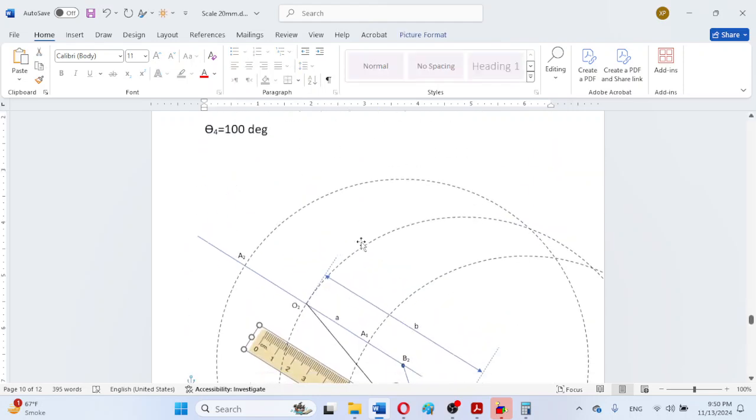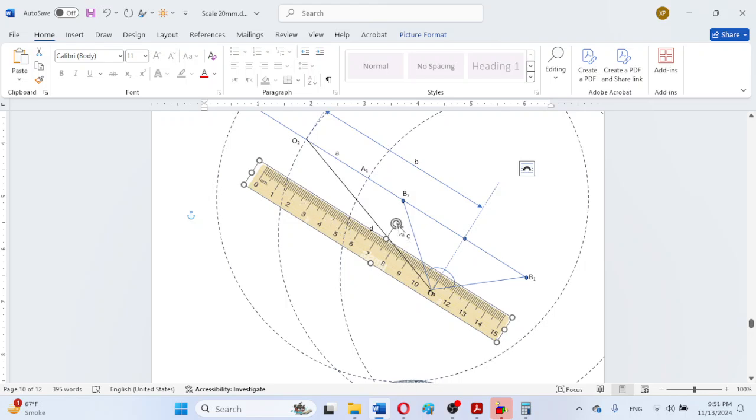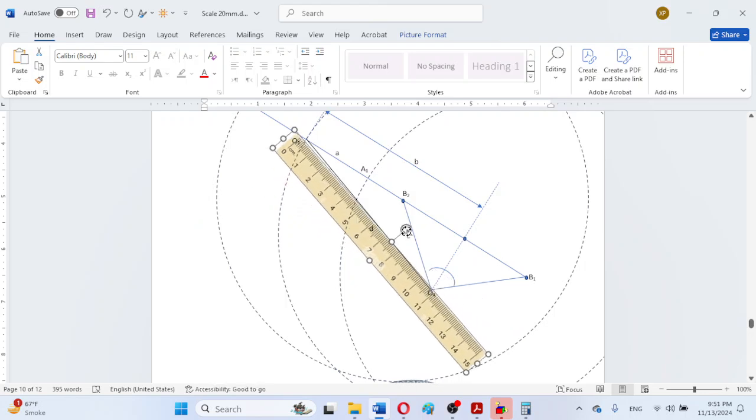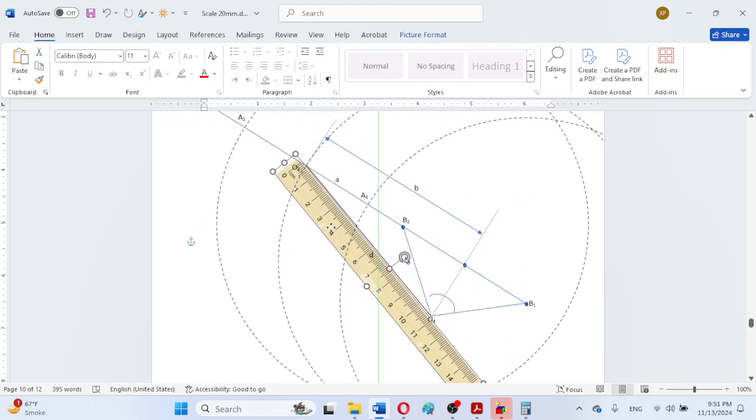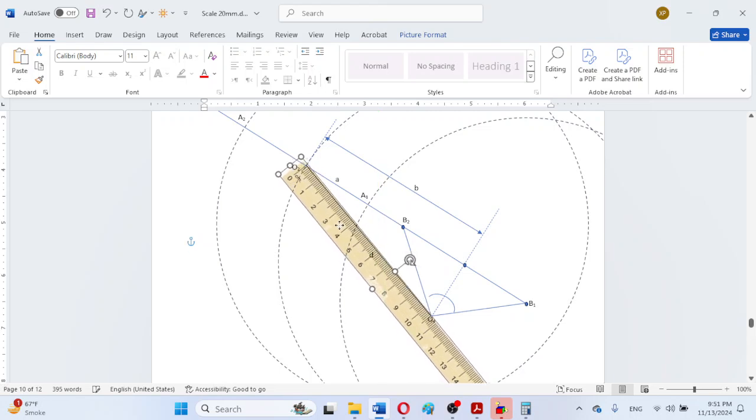So now measure the length d. So move the linear scale parallel to it here.